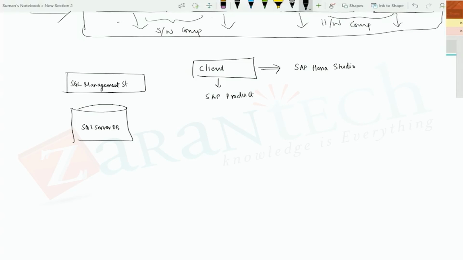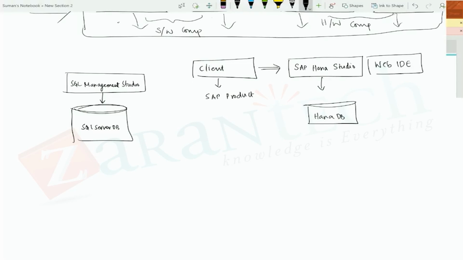SQL Server Management Studio is nothing but a client that helps you access your information in your underlying database. Very similarly, you will use SAP HANA Studio to access your underlying HANA platform. We will also look at the web interface. You can either access your HANA database through a HANA Studio tool, or you can directly use a browser and access your HANA database system.